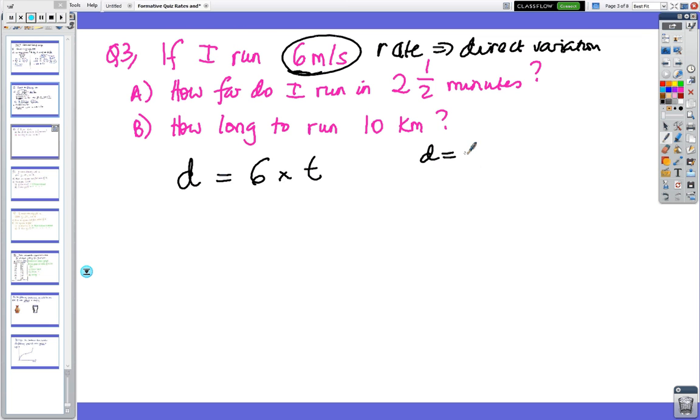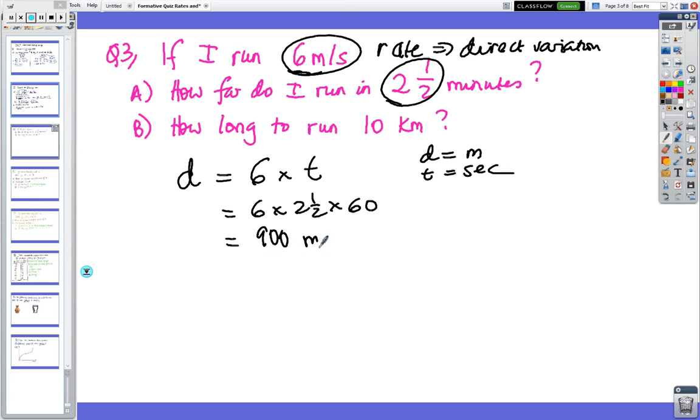Distance is in meters, time is in seconds. The first question is 2.5 minutes, but each minute is 60 seconds. So 6 times 2.5 times 60 gives 900 meters.